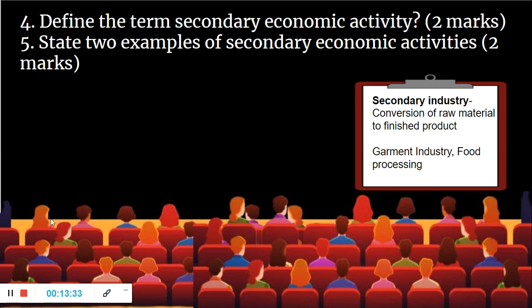You could also give construction industry. That's another type of secondary economic activities. So most of the others that I gave were manufacturing industries, but you could also include construction industry.